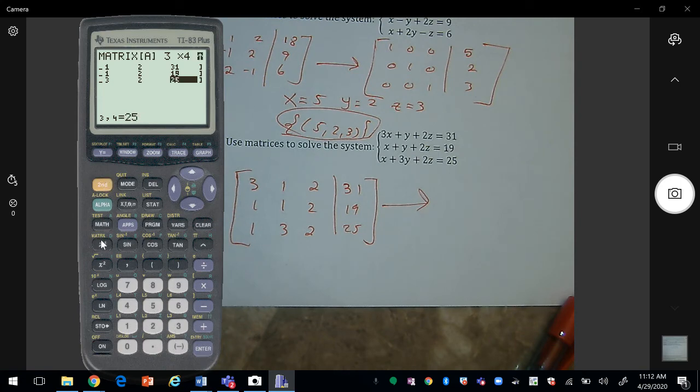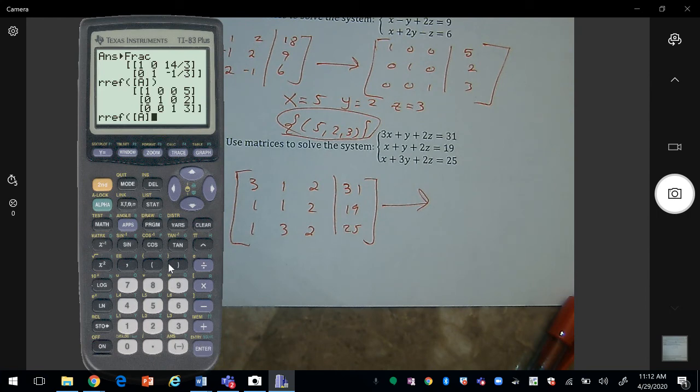So we're going to do second matrix, math, or REF. Oops. Make sure you exit out first. Okay, so second quit, second matrix, math, and call the matrix.